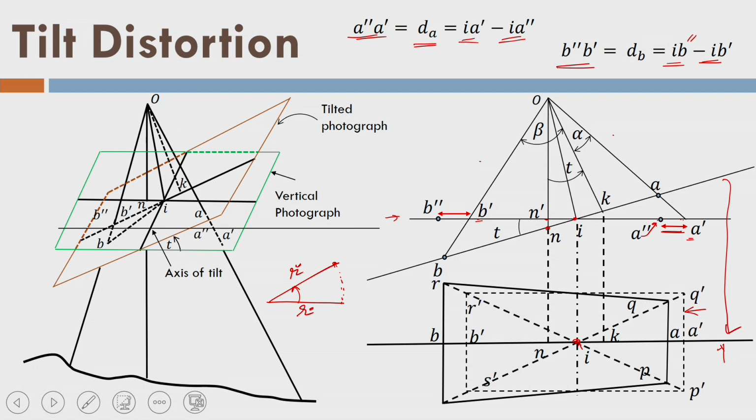Now, if I join these points, the different rays, this is my final connection between the tilted photograph and the vertical one. These lines you can see, they are intersecting at I, and they are intersecting here as well as here, and so on. So, that is the concept of the tilt distortion. These two amounts are my tilt distortions.